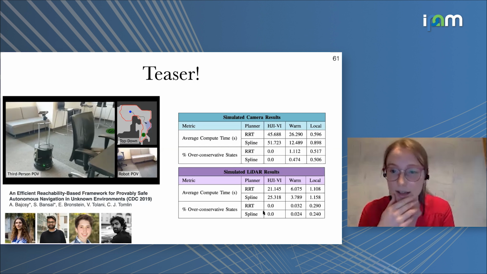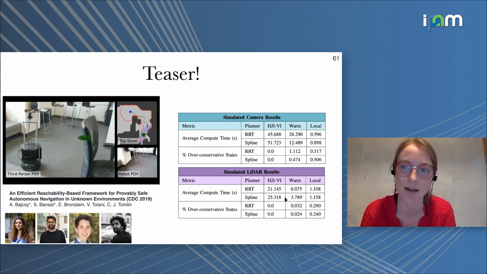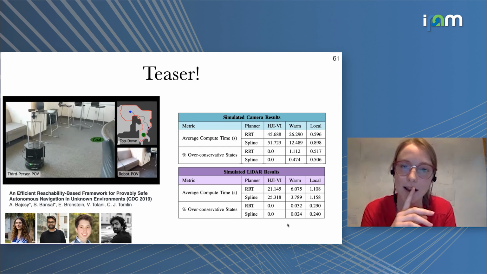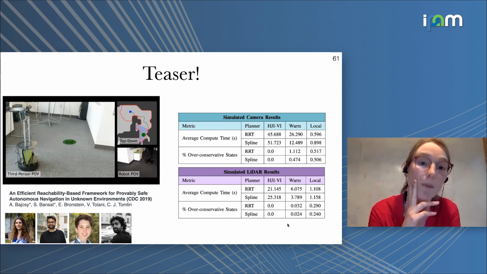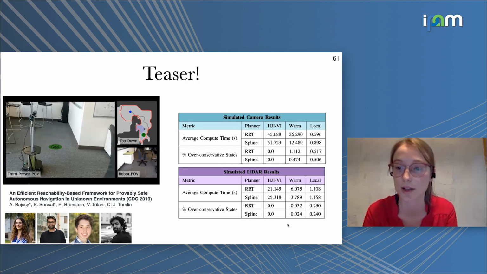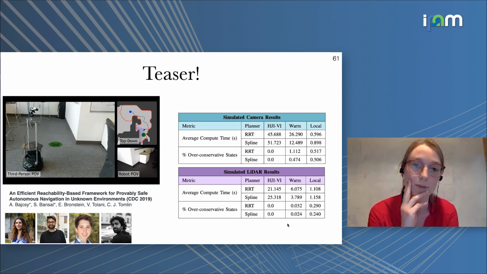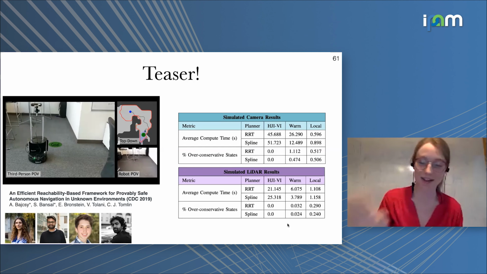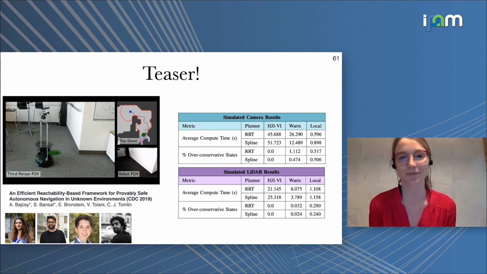Using the warm starting techniques, it usually takes even less than half the time to do the update. And they actually push this even further to do a local version of warm starting where they update within the area that has new information. And so you see that we're able to push the computation time even further down by doing this local warm starting technique. But again, those details we'll get into further in the next talk.